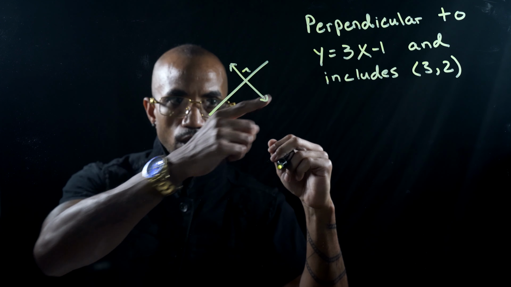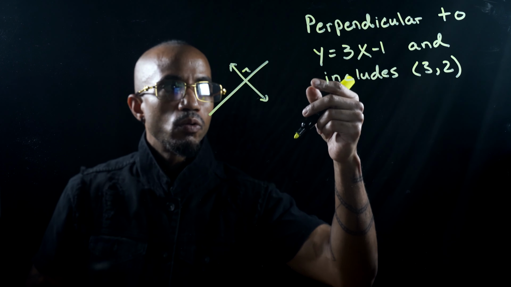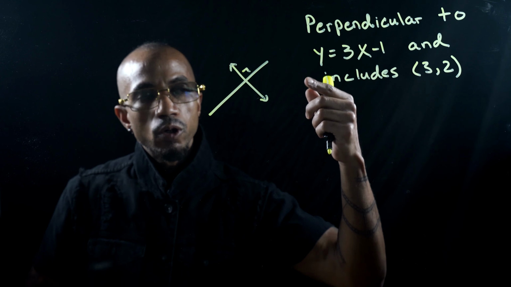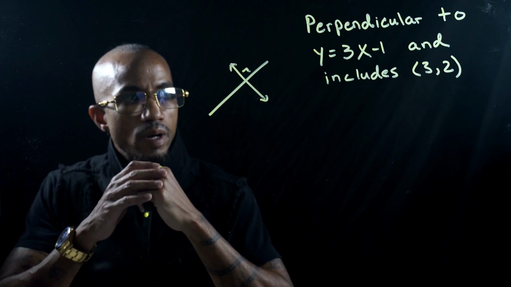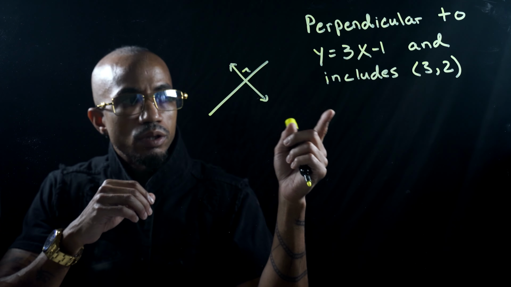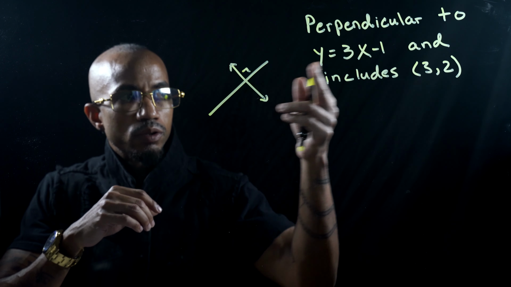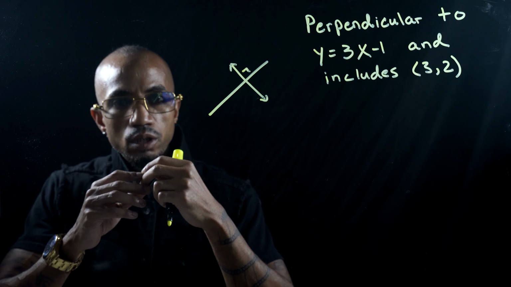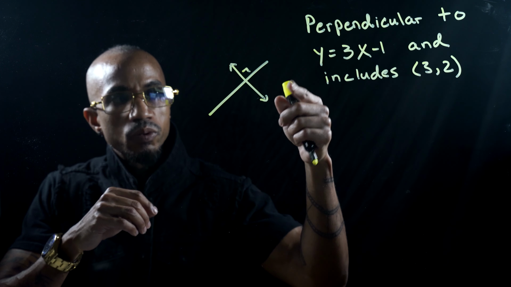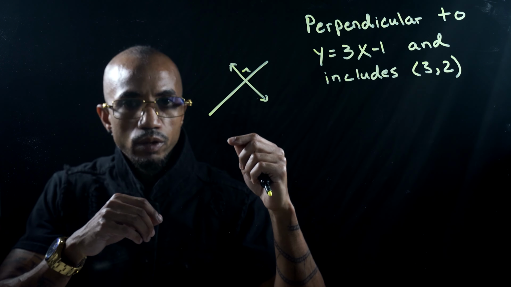This question is asking us to write an equation of a line that's perpendicular to y equals 3x minus 1 and includes the point (3, 2). Write an equation in slope-intercept form, as they give it to us, of a line that's perpendicular to this and includes that point.